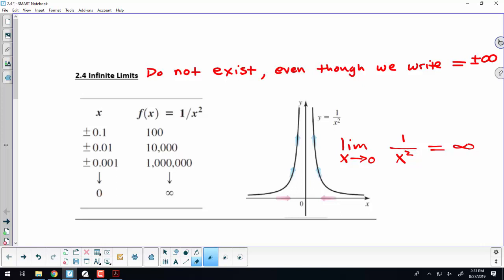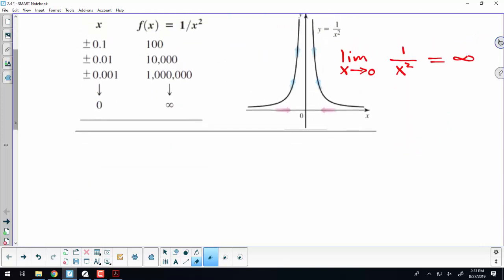So in fact, whenever we compute these types of limits, and we'll see this stated a little bit more specifically.